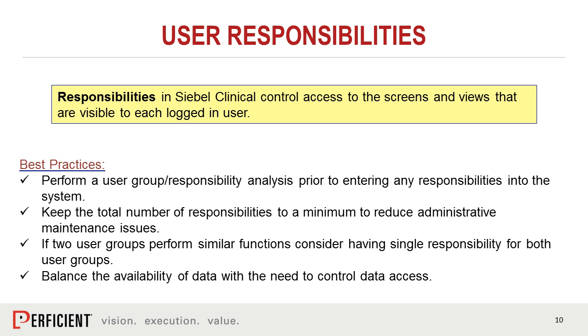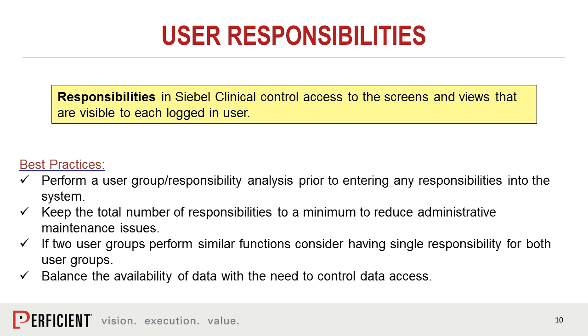So for example, when analyzing your roles and responsibilities, if two different types of team members will perform similar but not exactly the same function within Siebel Clinical, determine whether or not those two user types could be assigned the same application and responsibility instead of creating two slightly different user types.